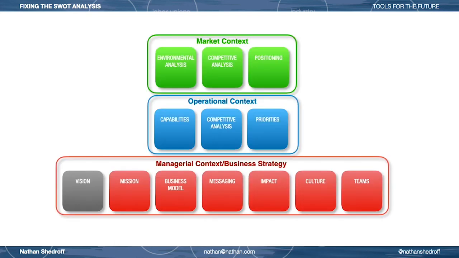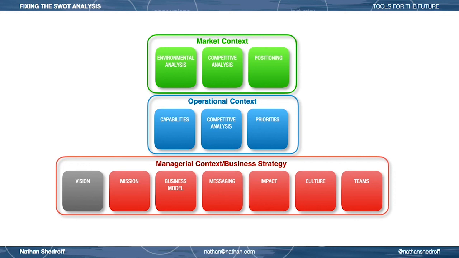Now that you have both your internal and external priorities identified, you can build your market strategy and your business strategy. Doing so before or without doing these two steps first is a recipe for disaster. Your management or business strategy is mostly about the clarity of communication of the previous steps, both in terms of external communication to your customers and market, and internal communication to your employees and partners.